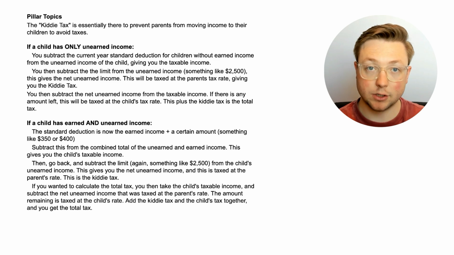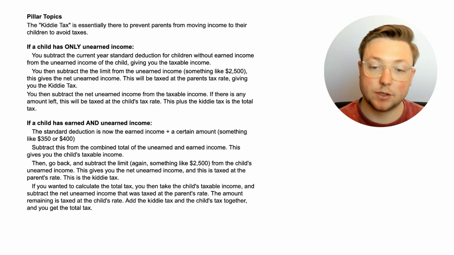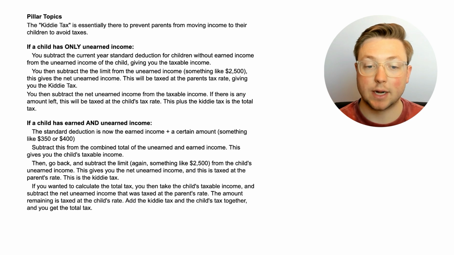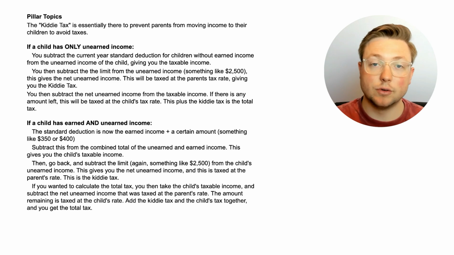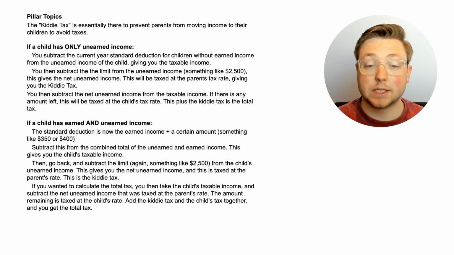And that net unearned income is what will be taxed at the parent's rate, and that gives you the kiddie tax. And then you go back to the taxable income and subtract the net unearned income from the taxable income, and that amount, if there's any left, is taxed at the child's tax rate, and adding those two together will give you the total tax. But that's how it works for a child with only unearned income.